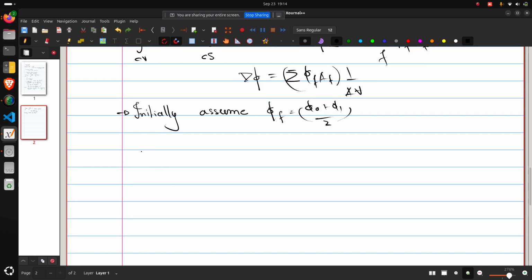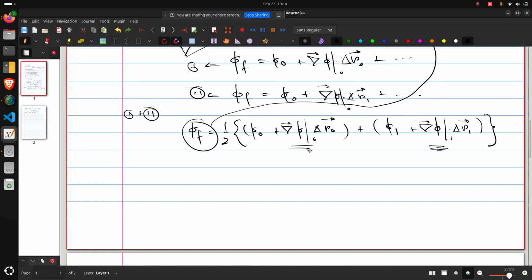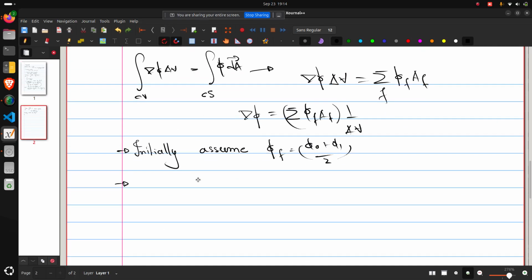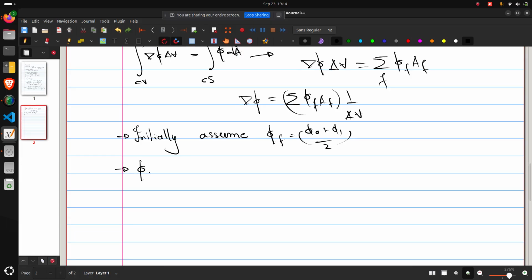Now, as I have shown before, we do the Taylor series expansion here, add both these two equations and get an expression for phi f, which is nothing but half of phi naught plus gradient of phi at 0 times delta R naught, plus phi 1 plus gradient of phi at 1 times delta R1.